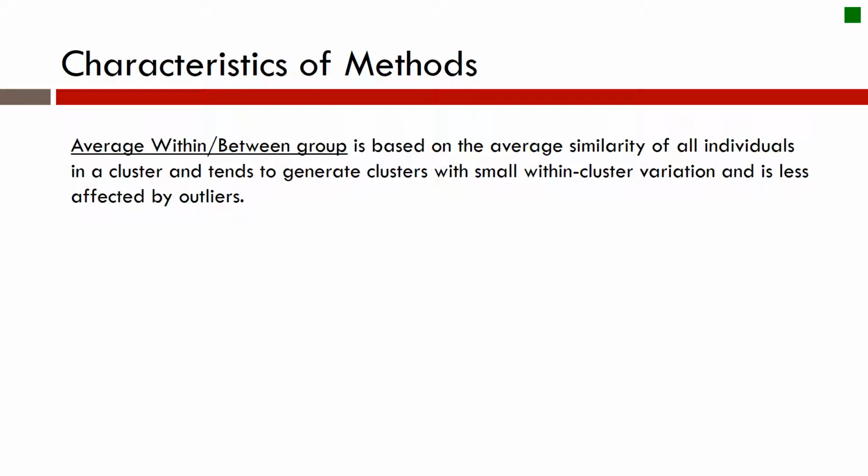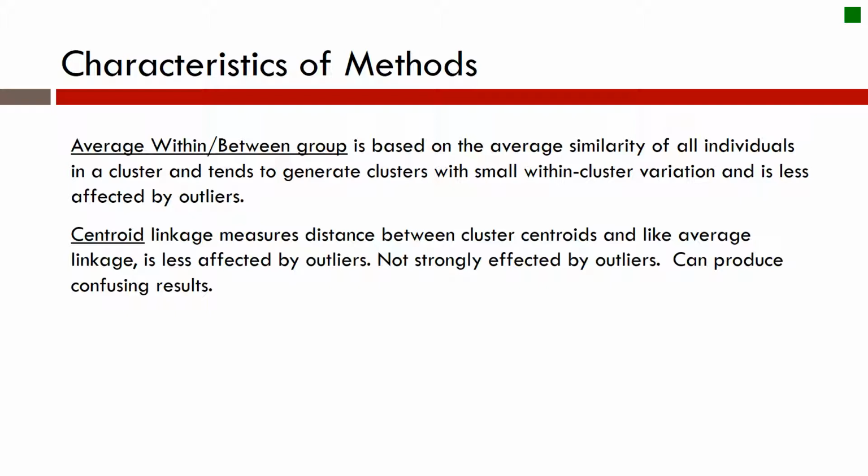Average within and between group methods are based on the average similarity of individuals. This is somewhat similar to the between group method we just discussed. This method tends to generate clusters with small within variation, and they tend to be less affected by outliers.